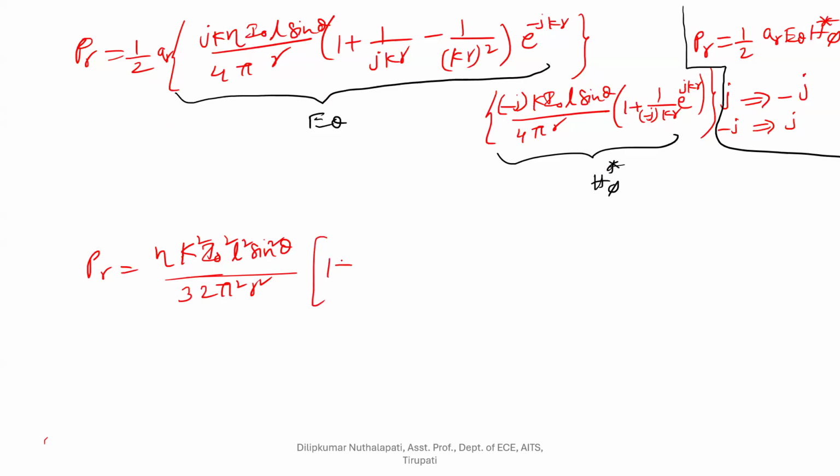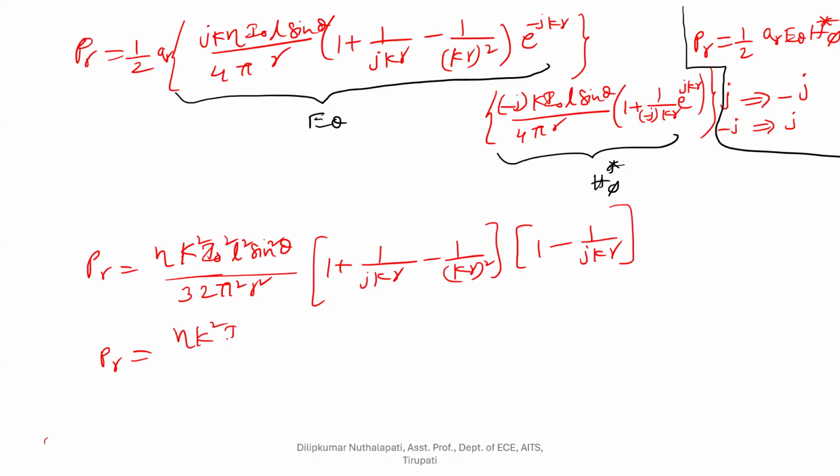The remaining terms which are not common are 1 plus 1 by jkr minus 1 by kr whole square into 1 minus 1 by jkr. If we multiply these two terms, we get the simplified term. Certain terms will get cancelled. Then we get neta k square I naught square L square sine square theta divided by 32 pi square r square into 1 minus j by k cube r cube.